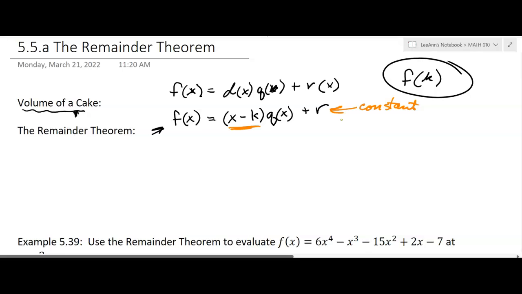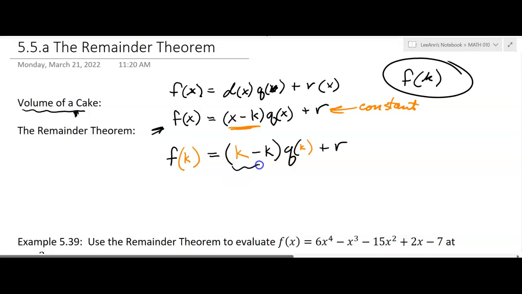Now that's going to be important for this next thing. We want to evaluate this polynomial f of k. I'll put it in a different color, maybe that will help. That's going to equal, if I write k minus k, since I'm putting k in for x, times q of k, plus r, that constant.